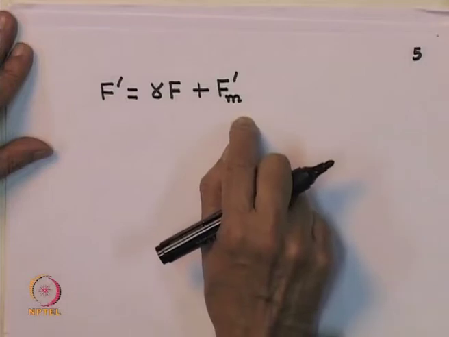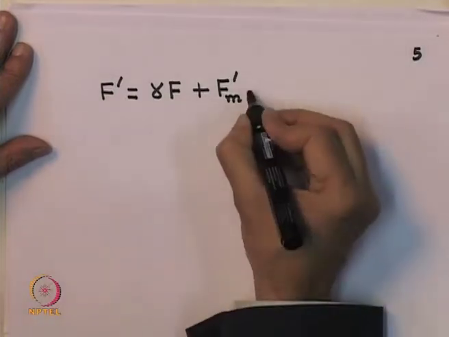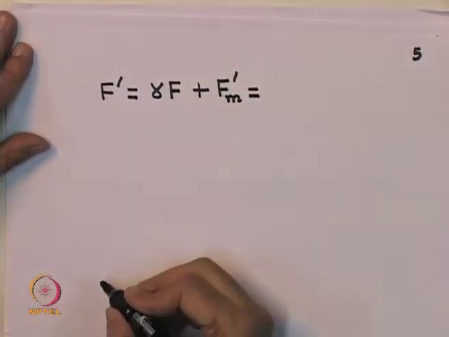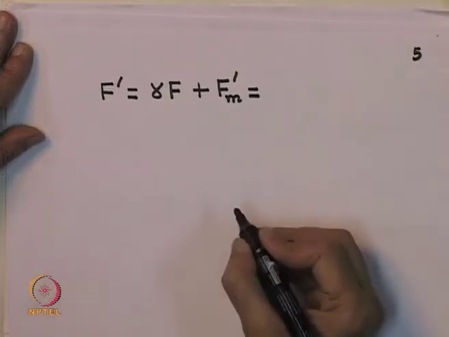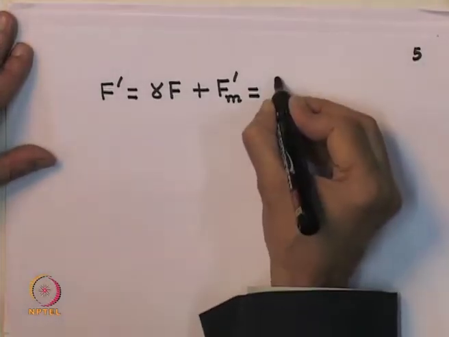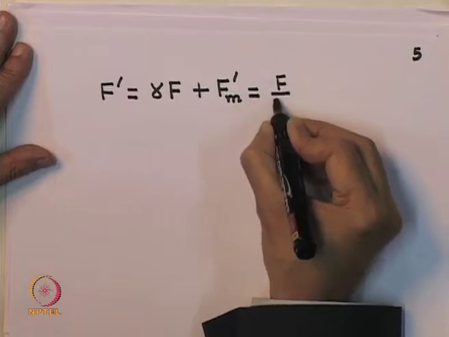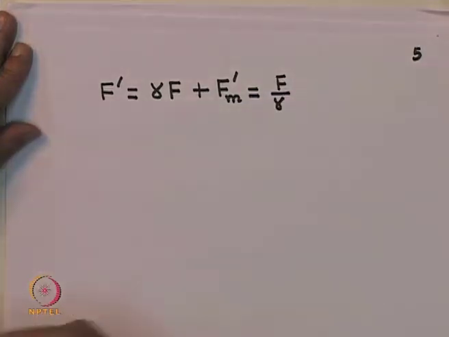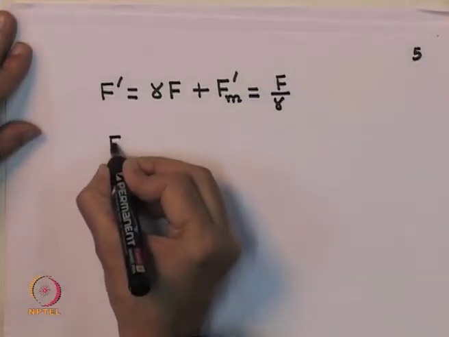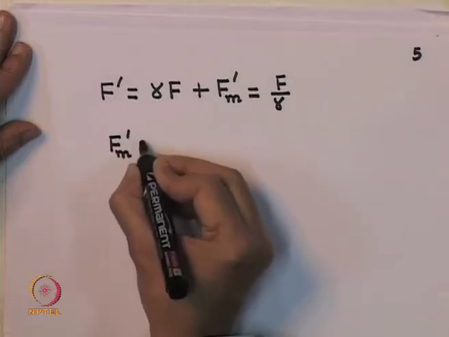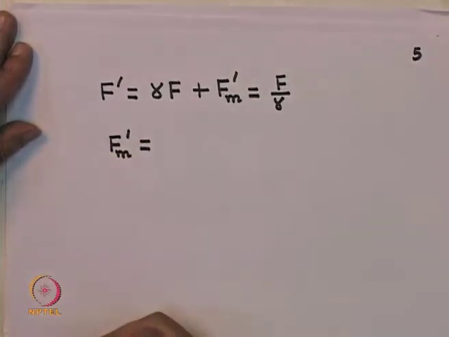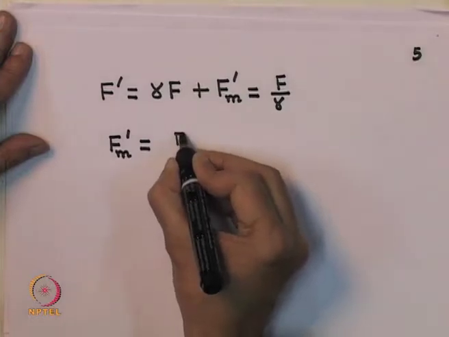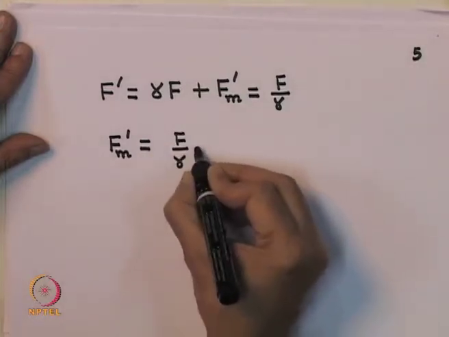This plus this together, in order to be consistent with the special theory of relativity, should be F divided by gamma. So, he will invoke a magnetic force F m prime in his frame of reference, which is F by gamma minus gamma F.